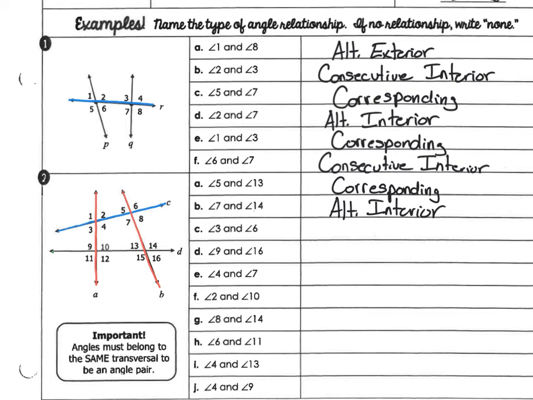So they would be what? Alternate exterior. Okay. 9 and 16. So here's our transversal. Here's our lines. 9 and 16. Are we on the outside or the inside? Okay. Alternate or not? Are they on the opposite sides? Yeah. Good.